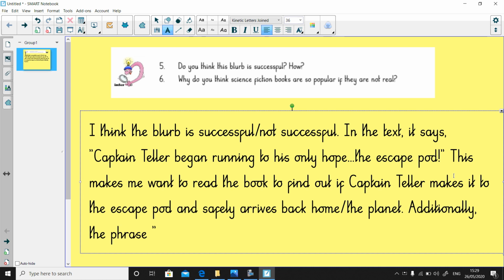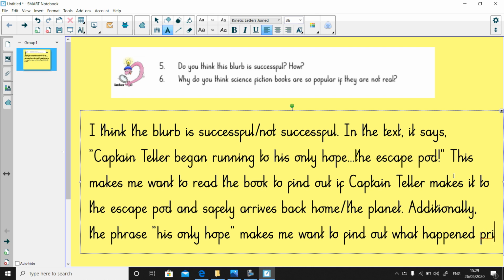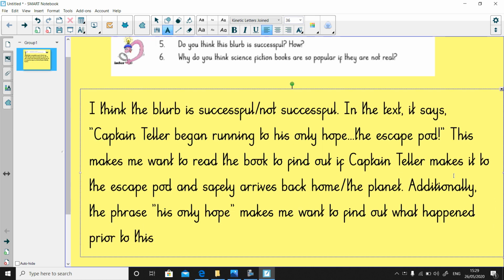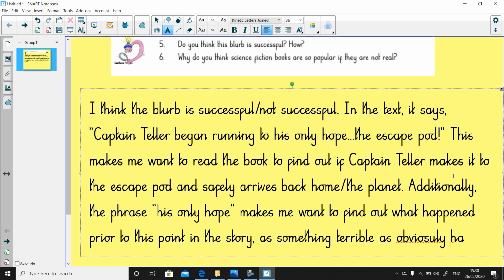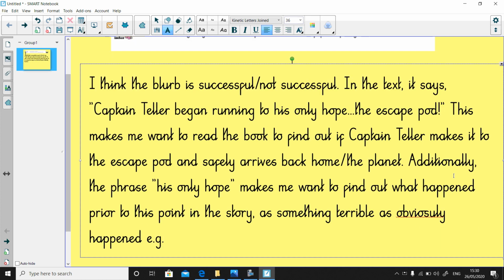The phrase 'only hope' makes me want to find out what happened prior to this point in the story, as something terrible has obviously happened, e.g. a crash, if they are having to escape.